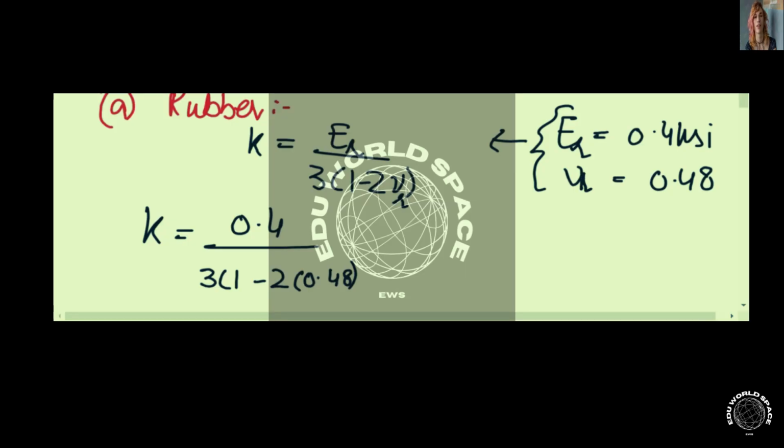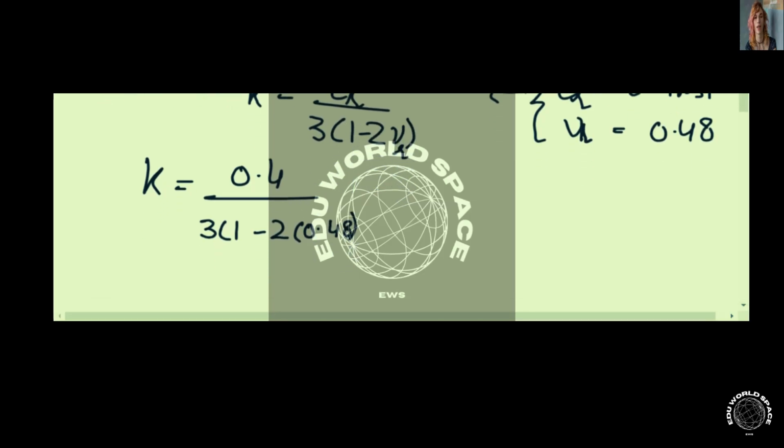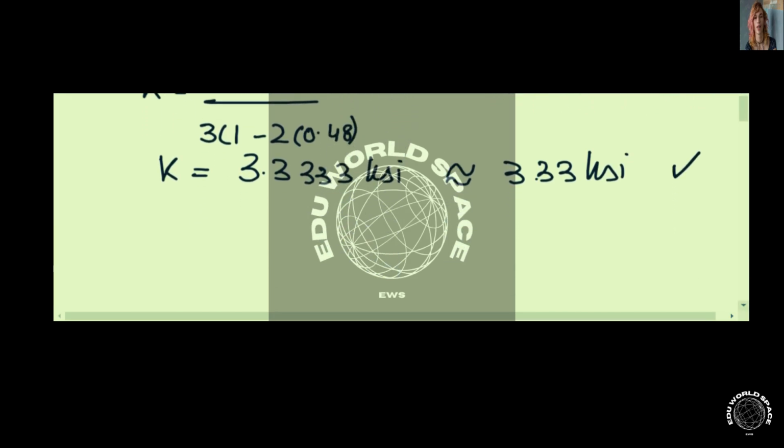Calculate it and you will get that the bulk modulus for rubber is 3.3333 ksi, approximately equal to 3.33 ksi. So this is your solution for part A.